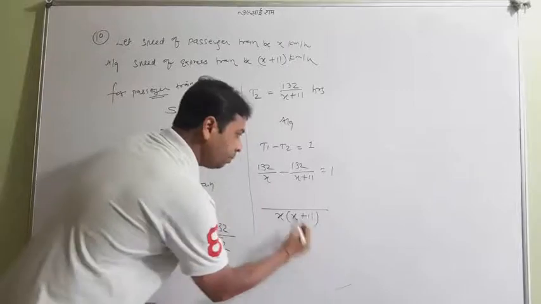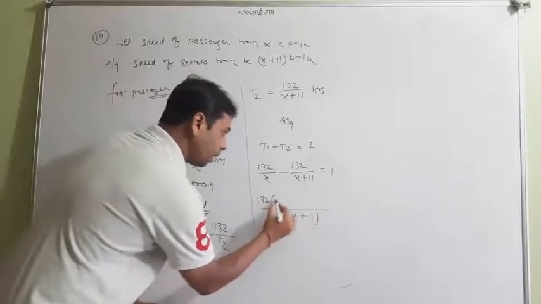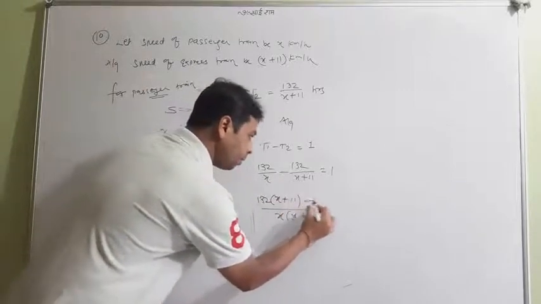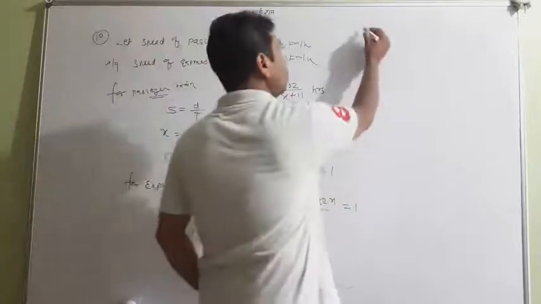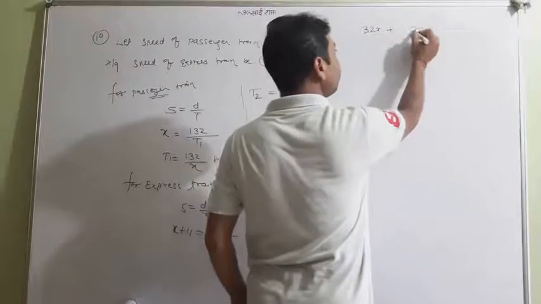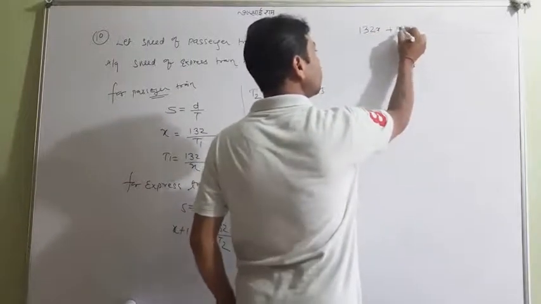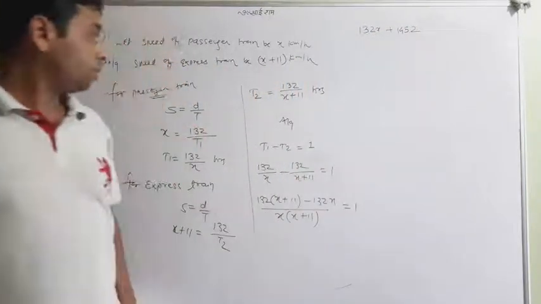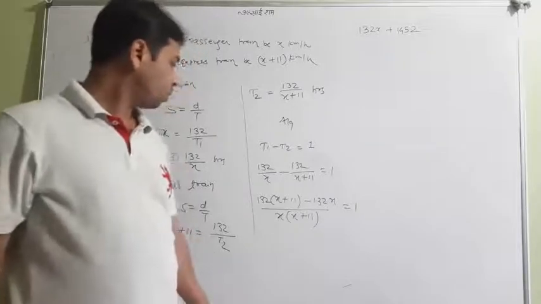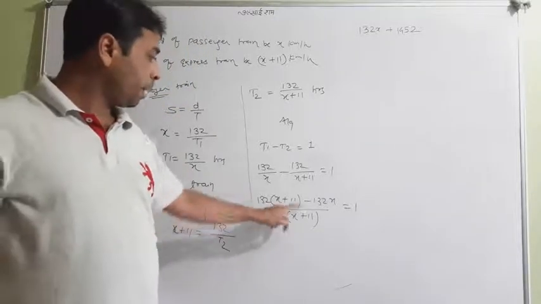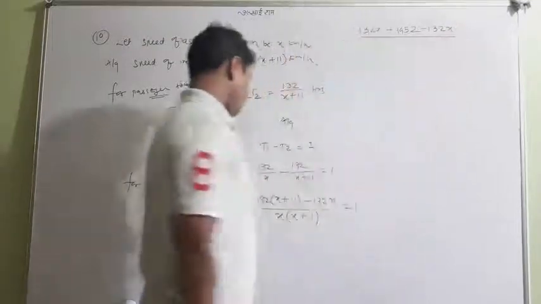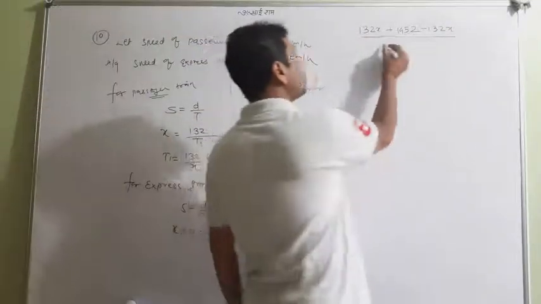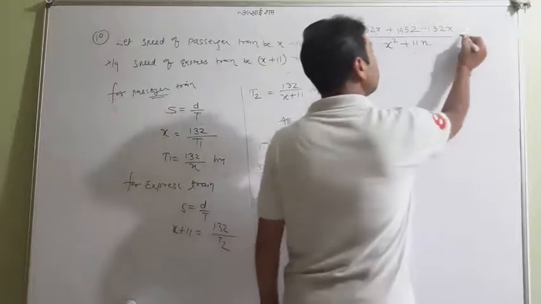I'll take an LCM. I'll cross multiply: 132 times x plus 11 minus 132x upon x into x plus 11 is going to be x square plus 11x, equal to 1.